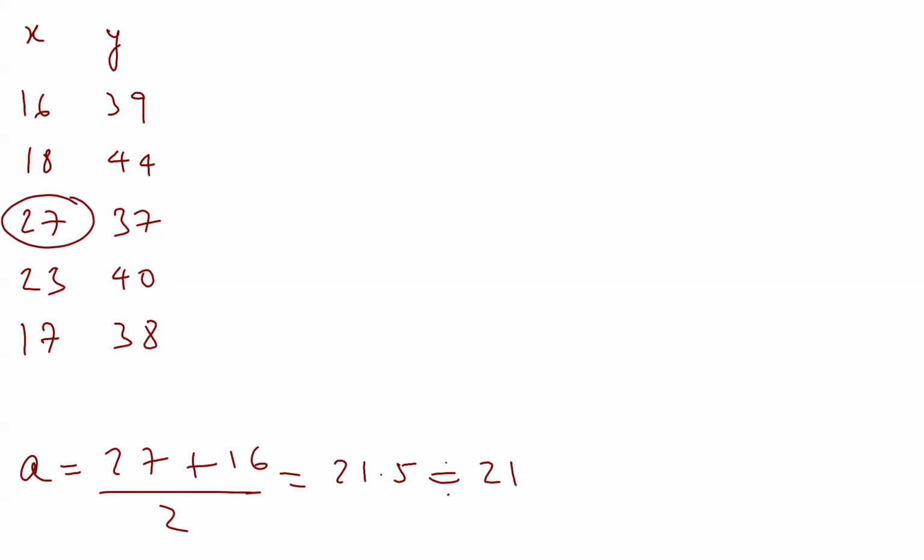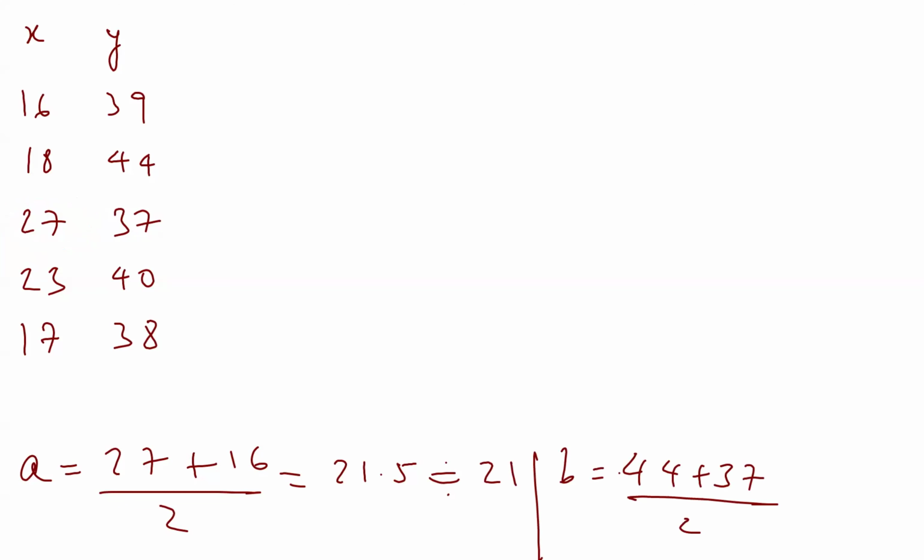Both values are okay. Then b. B is equal to the bigger value plus the smaller value upon 2 in y. The bigger value in y is I think 44, and the smaller value is 37, upon 2.